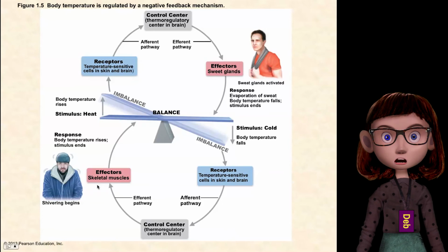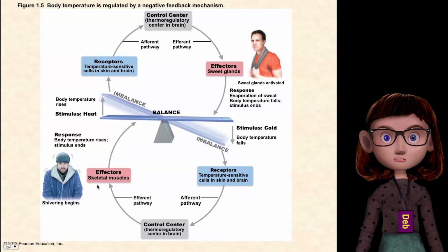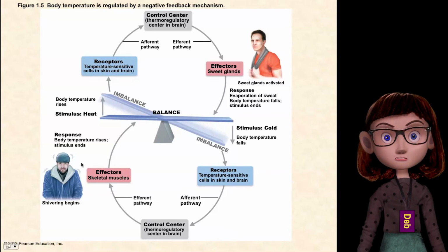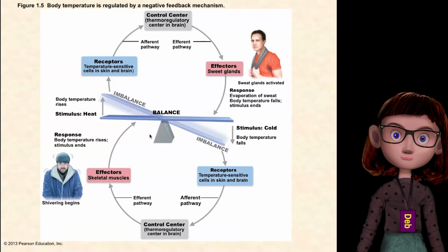Skeletal muscles typically are voluntary, but when your body temperature drops and you start shivering, that is involuntary. But what does it do? It generates heat. So now body temperature rises and the stimulus ends.